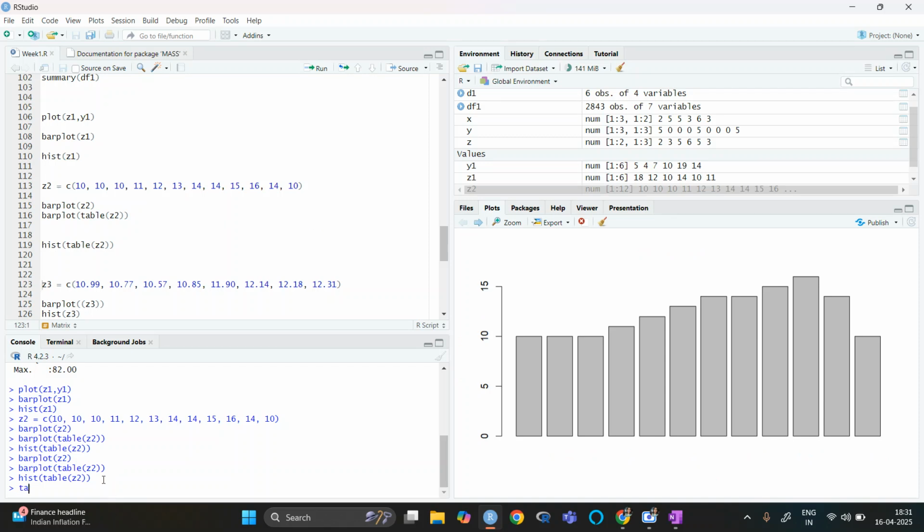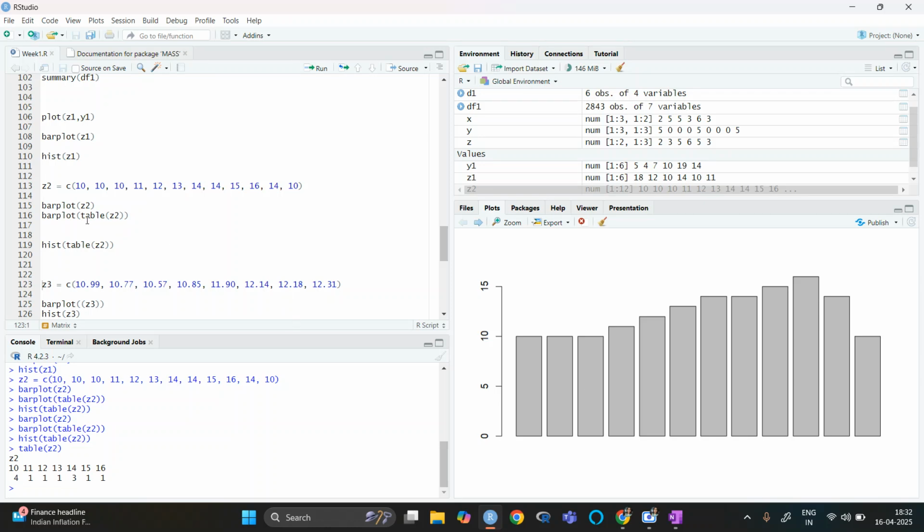So what is table Z2 basically? If the points in your data repeat multiple times and you make the bar plot of Z2, it gives you bars at all the data points, which is not really important in our case.